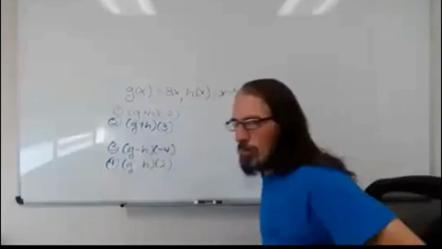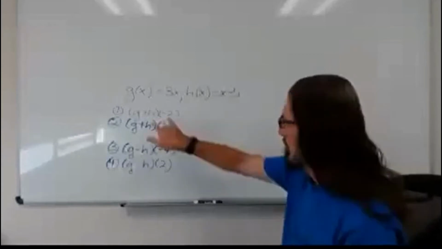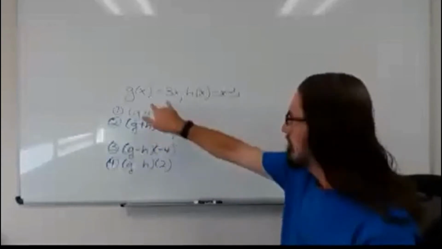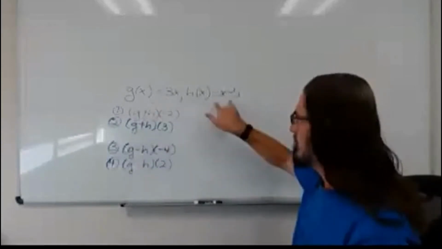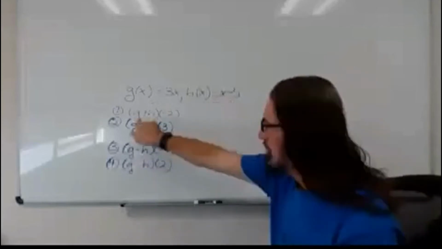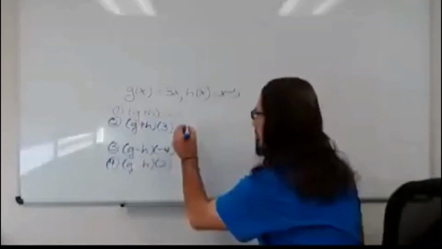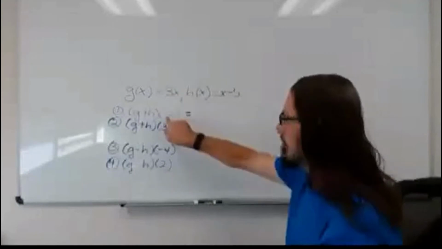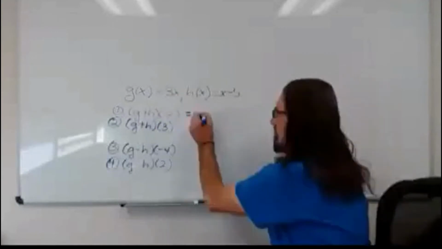On the one hand, we could evaluate g and h separately and then add them up in number 1. Well, that would give us 3 times negative 2 is negative 6.